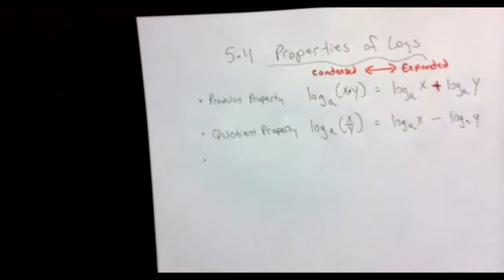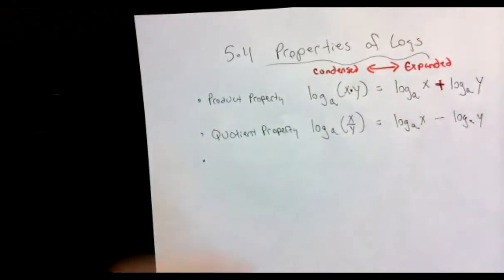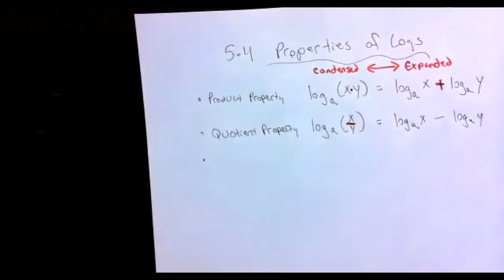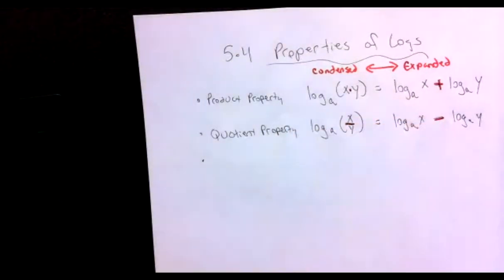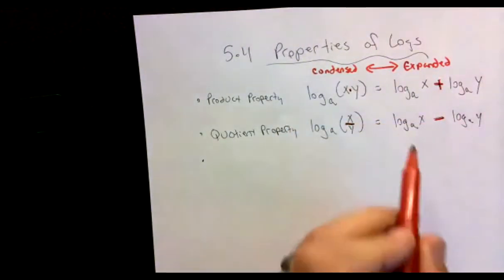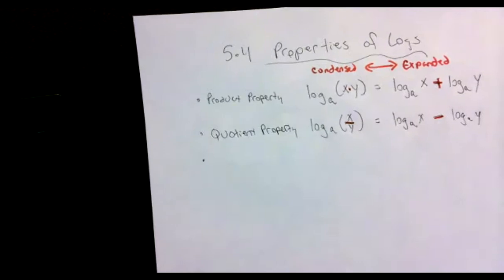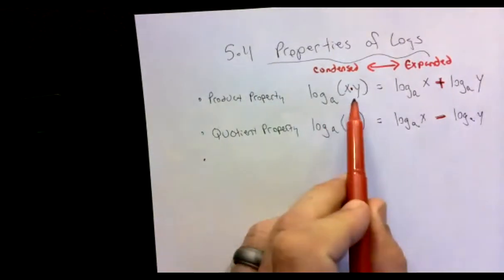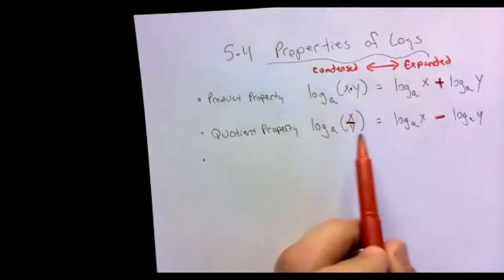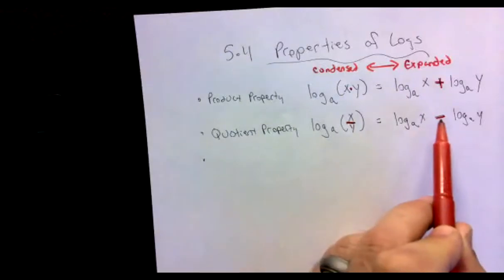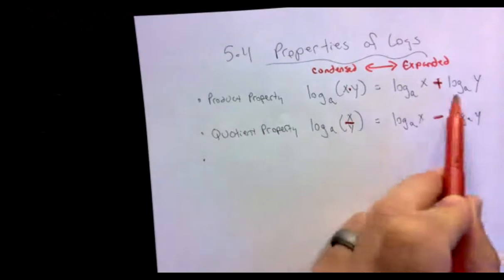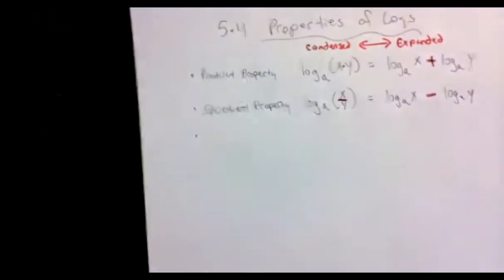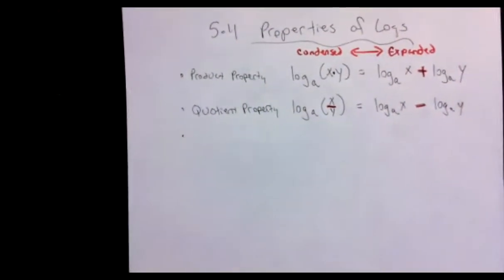Okay, and the quotient property, just like the product property, says in the condensed form, if you're dividing two quantities, that can be rewritten as the difference or the subtraction of multiple logs. So again, the product can be rewritten as a sum, division can be written as a difference. And again, in condensed, there's only one log. In expanded, everything gets its own log.